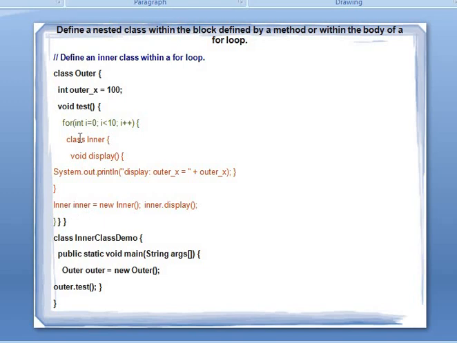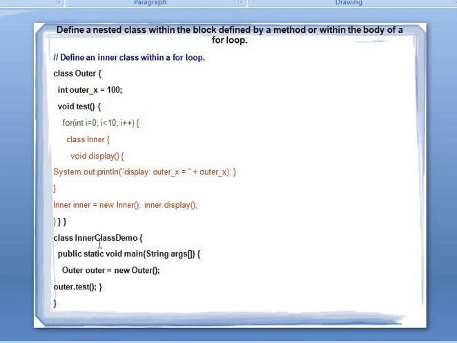So inside the for loop itself we have created an object for the inner class. Inner is equal to new inner, then inner dot display is invoked. So display is the inner class method. So that means this for loop will execute 10 times, that invokes the display method 10 times.